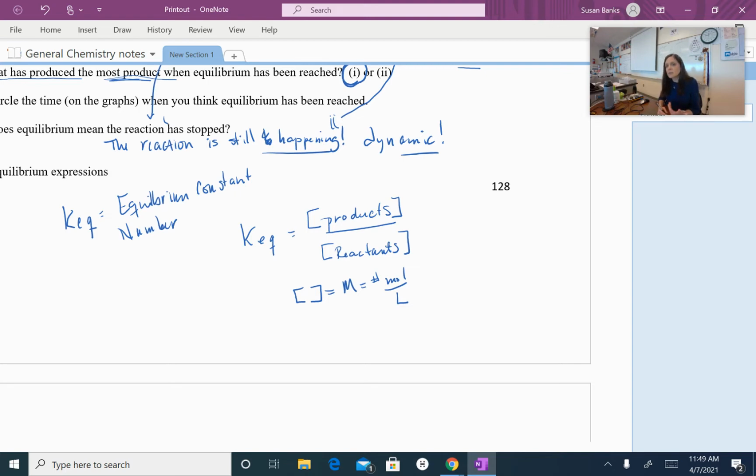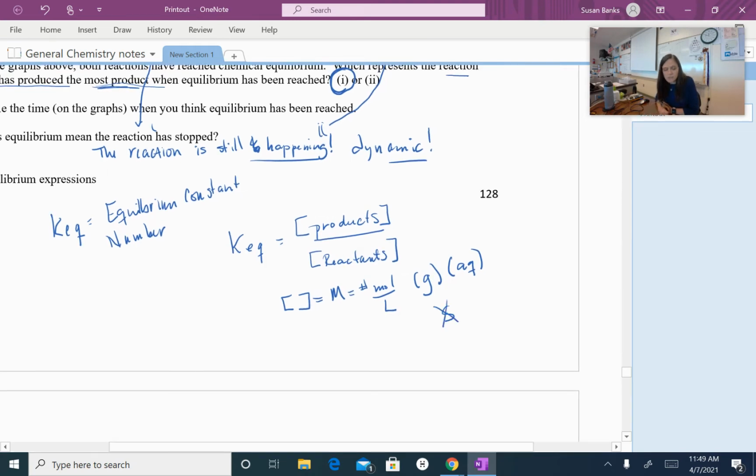And the only substances that we can put in are substances that are in the gas phase or in the aqueous phase, which means they're dissolved in water. We cannot put in solids. Solids are not put in, and liquids are not put in because we cannot put them in terms of concentration. Okay? So we only put in gas and things that are dissolved in water, the aqueous things, into these.